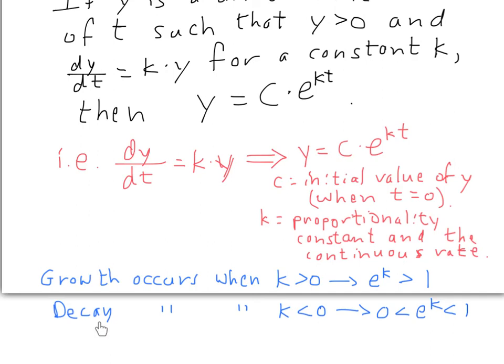And of course, decay, therefore, is going to occur when k is negative, and that would mean that e to the k is going to be a number less than 1, right? Think about it like e to the negative 2. That would equal 1 over e squared, and that's going to end up being a number smaller than 1.